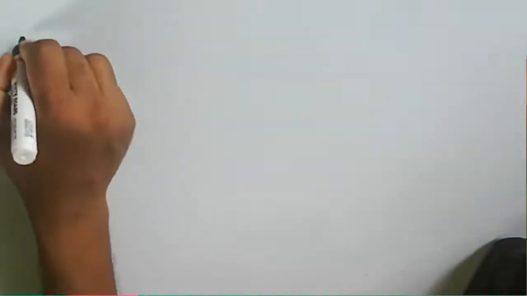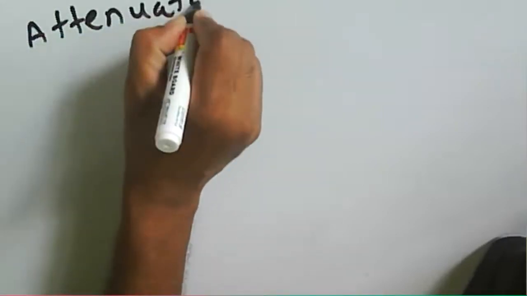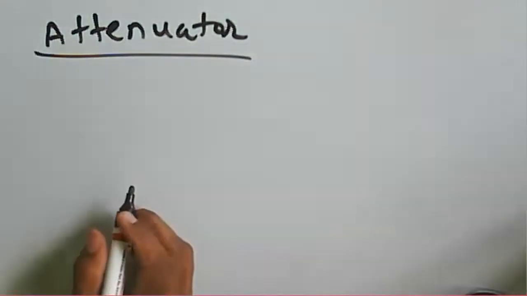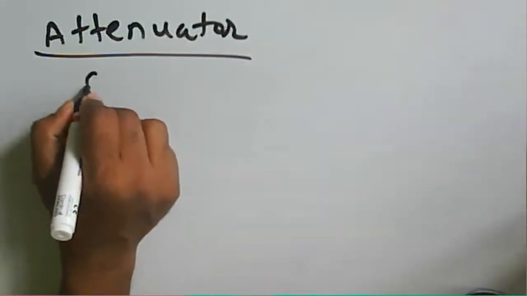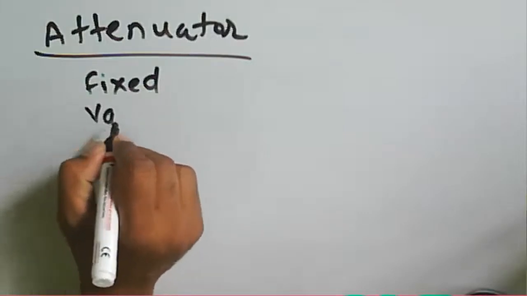Then the waveguide attenuator. There are various types of attenuator: a fixed one or a variable attenuator.